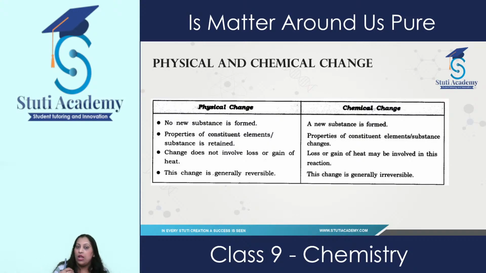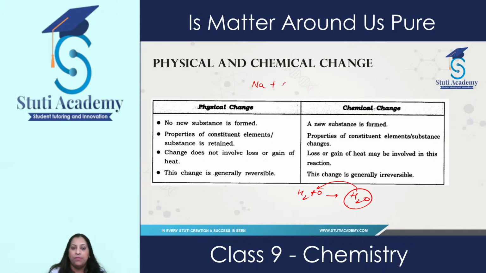And in a chemical change, a new substance is always formed. As I told you, H2 plus O gives H2O, and it's a new substance whose properties are entirely different. The properties of the constituent elements are entirely changed. So when any chemical change takes place, a new substance is formed.